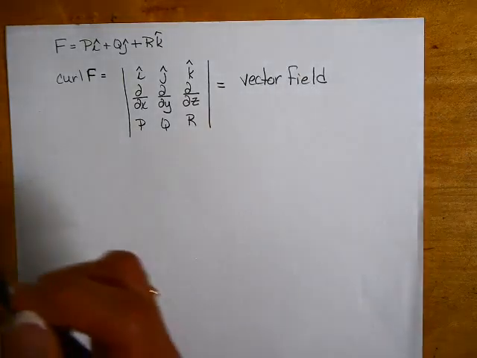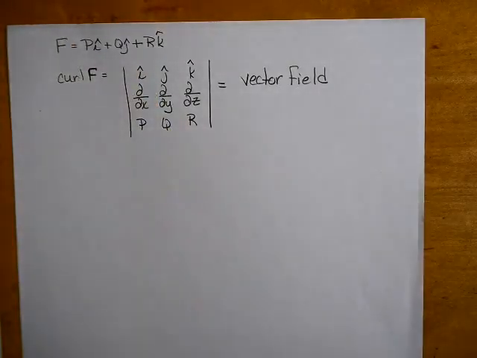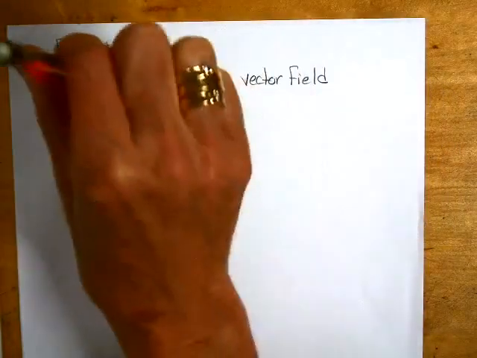Okay, and this vector field is associated with rotations. If you think of fluid, the curl gives you the amount of rotation around an axis that points in the direction of this vector right here.